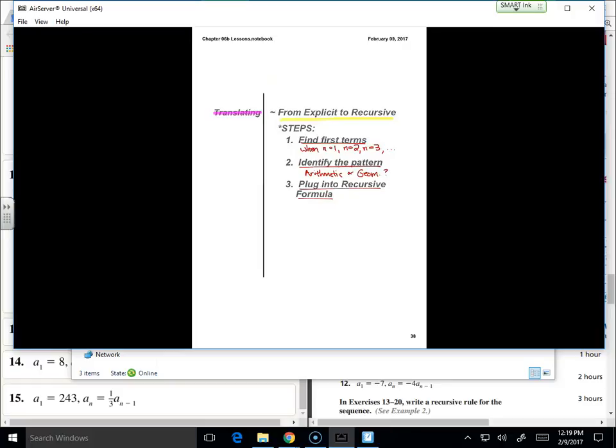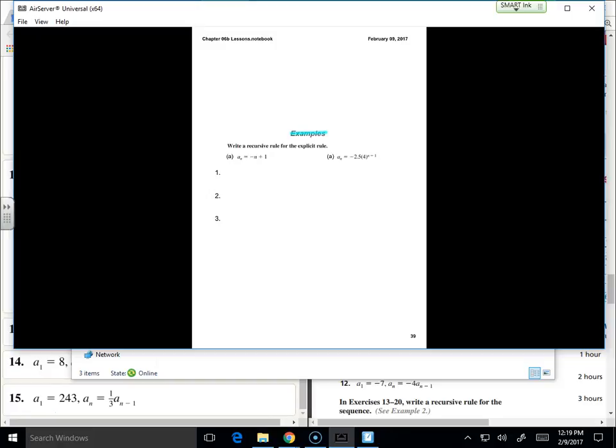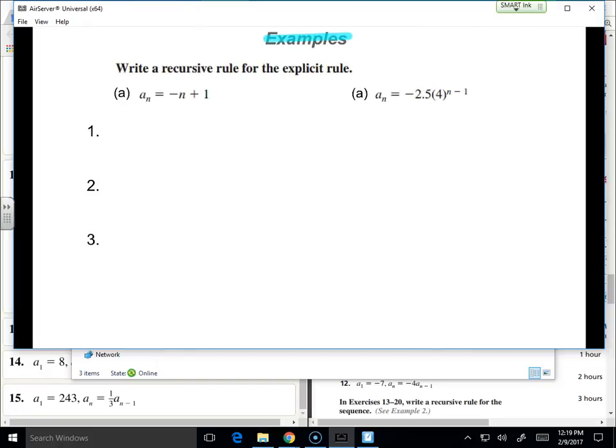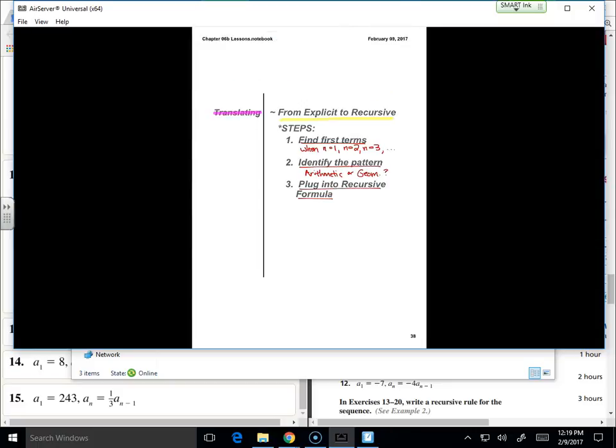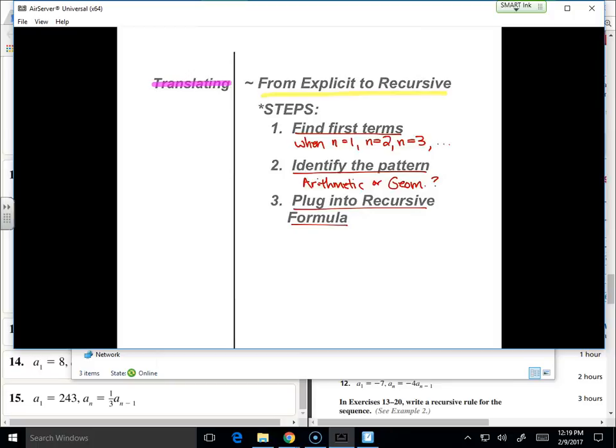Steps 1, 2, and 3. Just for 1 second. Find the first few terms, identify the pattern, plug into a formula.